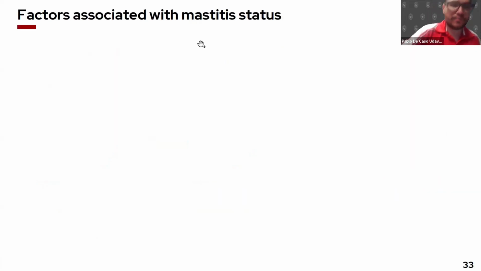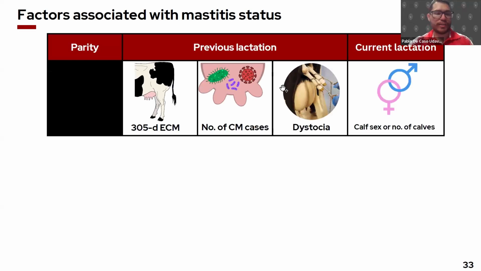And moving forward, specifically and for the sake of time, to what were the overall factors that were associated with this outcome, which is that cows remain free of disease by 100 days in milk. Four emerged within the different parities, and then I'm going to be talking a little bit on the distribution of which are the specific factors that affect or influence that outcome specifically for each parity.